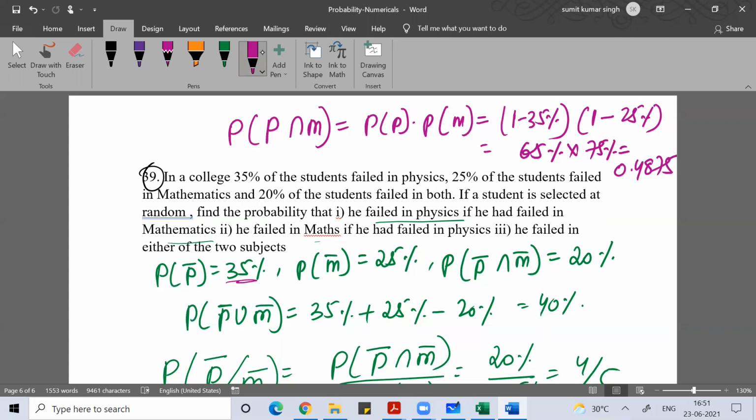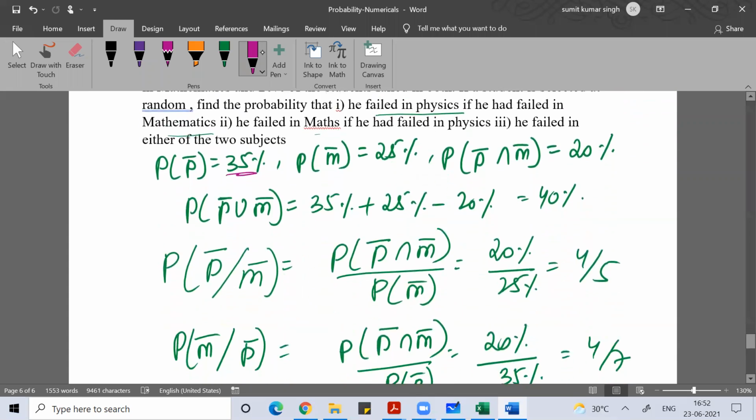So this is the intersection, failed in neither. The remaining is either. So what would either be?